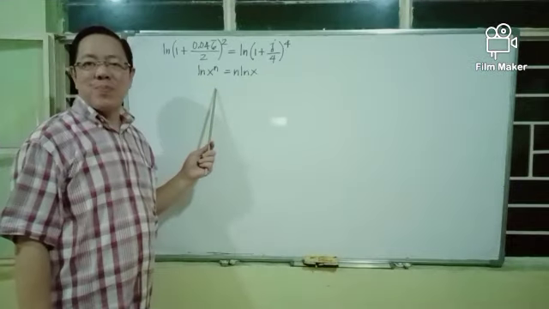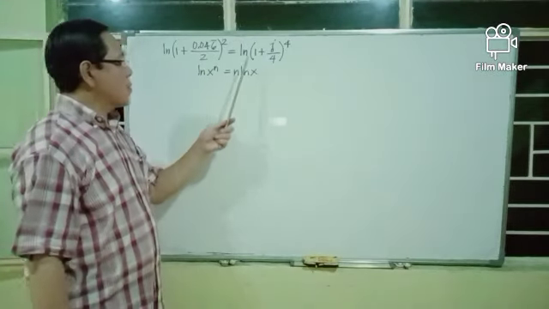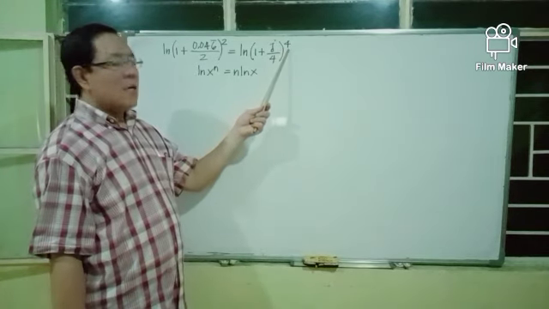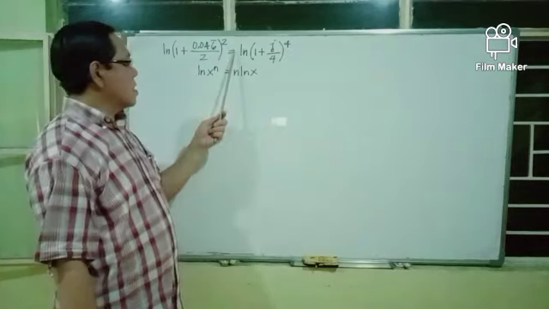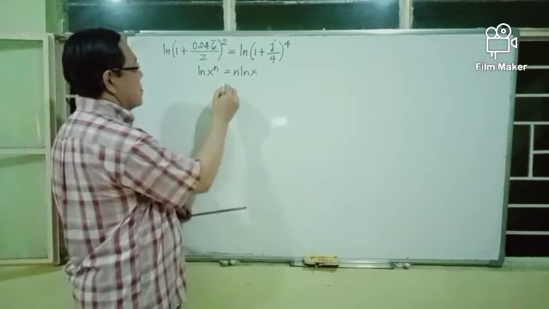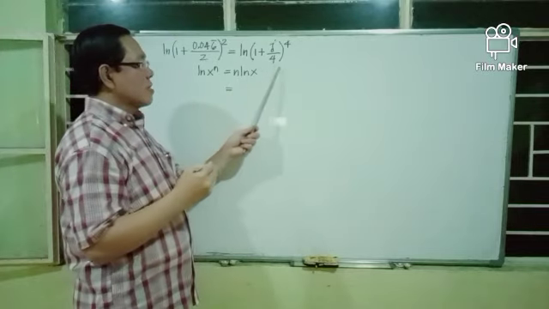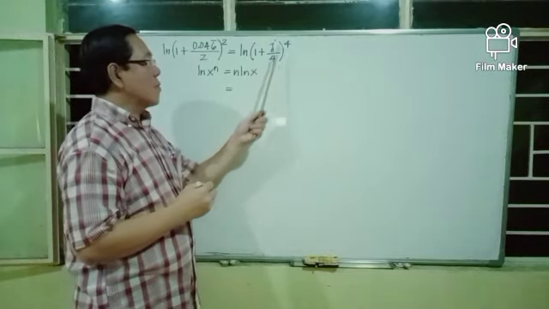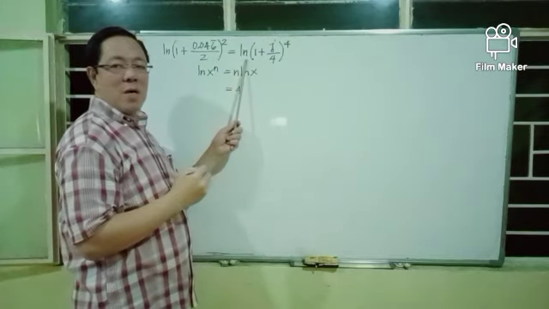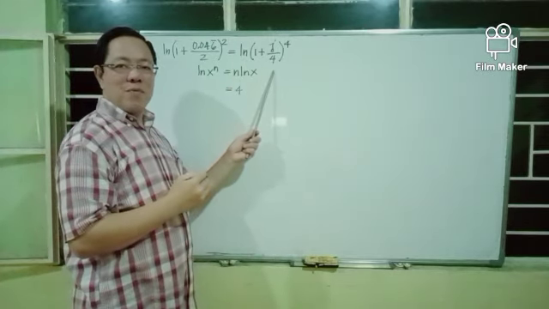We apply this property of natural logarithm to the right hand side of this equation, and the exponent 4 here becomes the coefficient of ln. For the right hand side, by this property of ln, we have 4 times ln of quantity 1 plus j over 4.